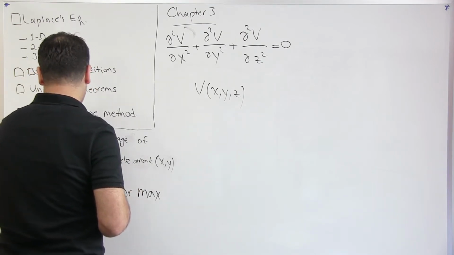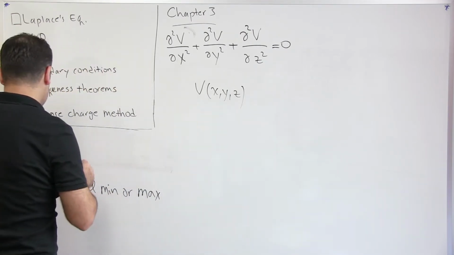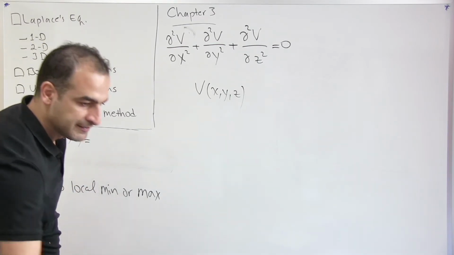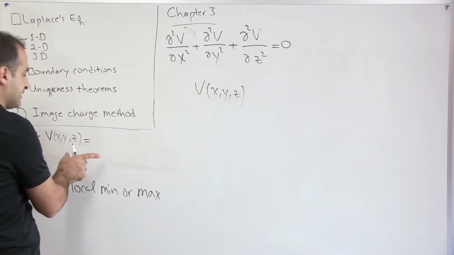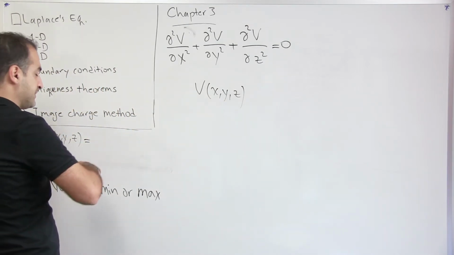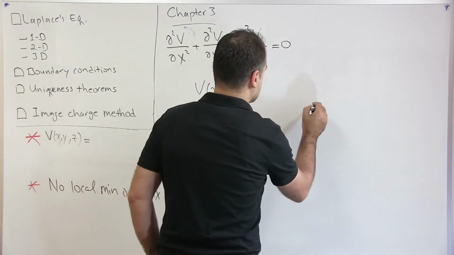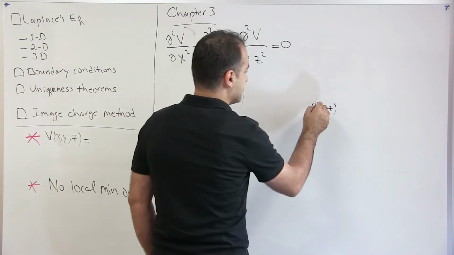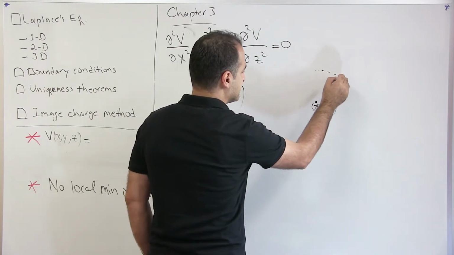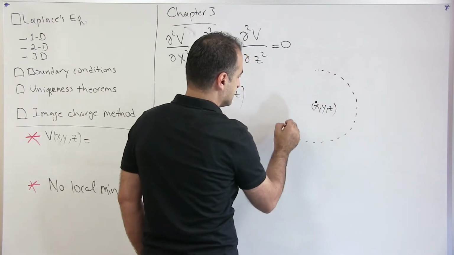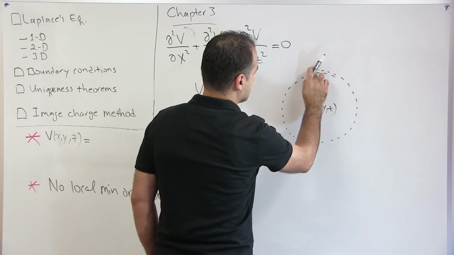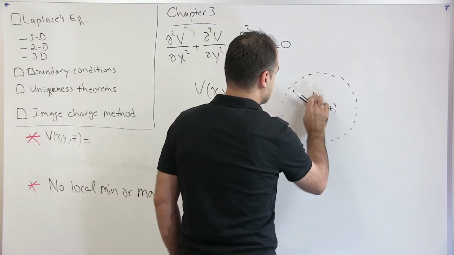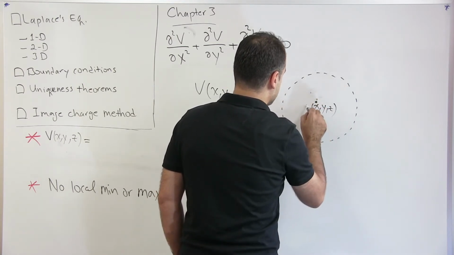I would say V of x, y, and z is equal to the average of the values of V on a sphere that surrounds x, y, z. That means if we are at this point, which is x, y, and z, the value of the function at this point is the average of the function on a sphere like this. Let's say this is V of x, y, z.